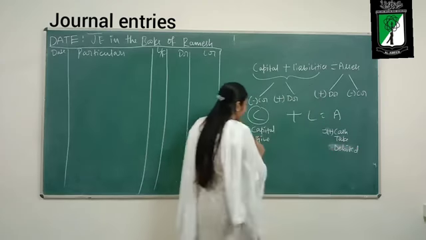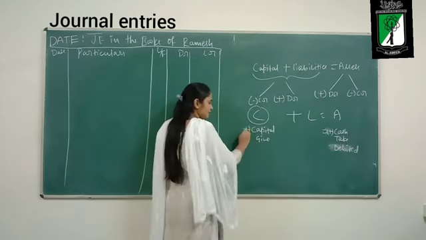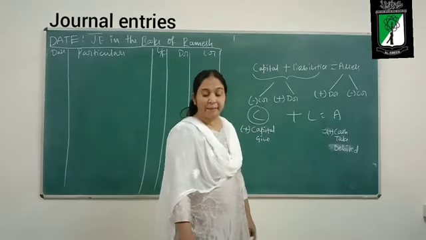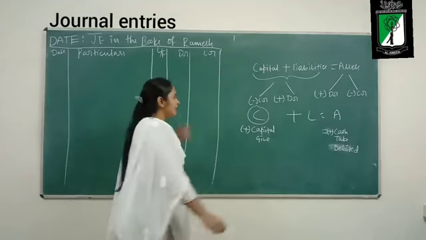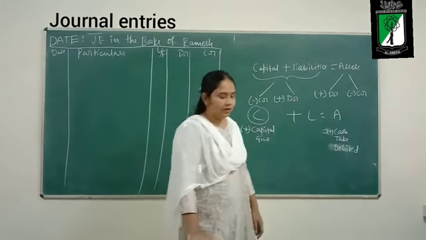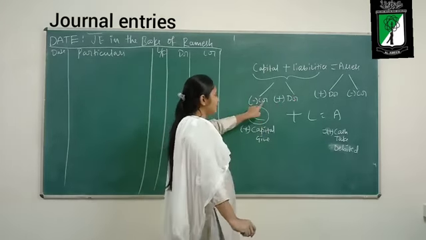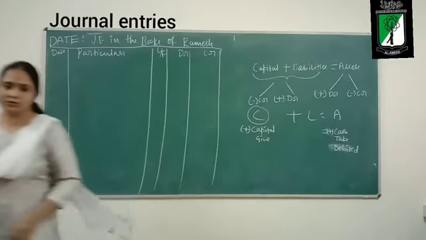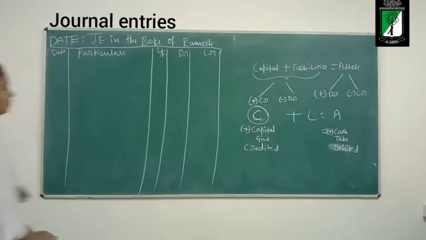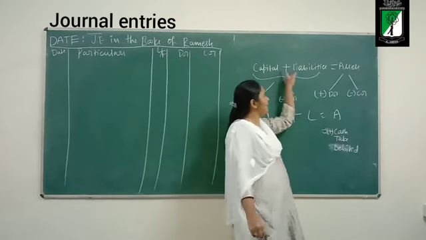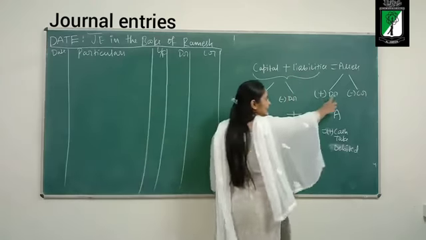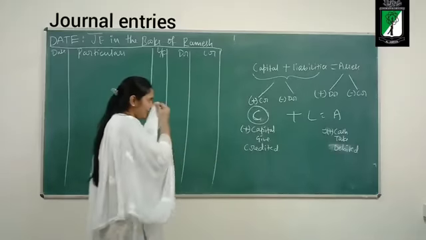And what is happening to my capital in the business? My capital is also increasing. Capital plus liabilities are equal to assets. Increase in asset should be debited and decrease should be credited.